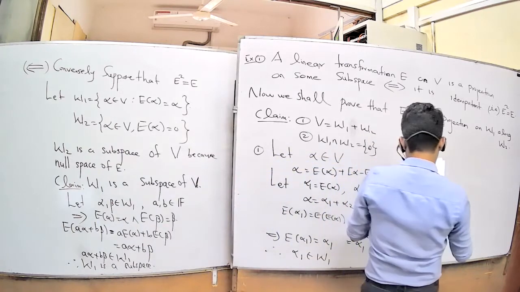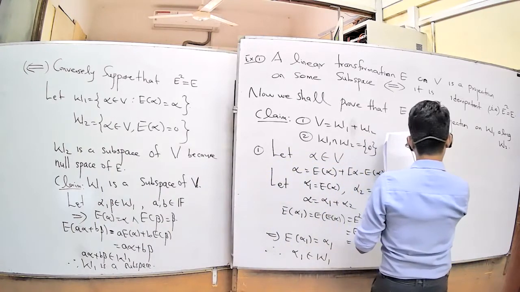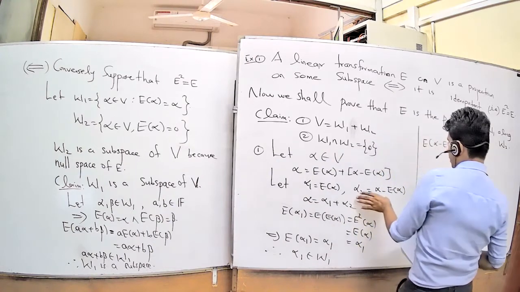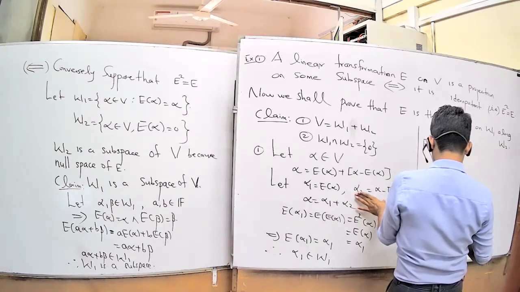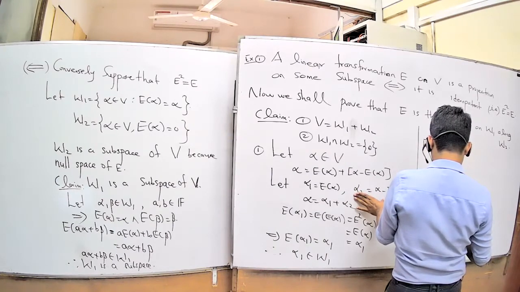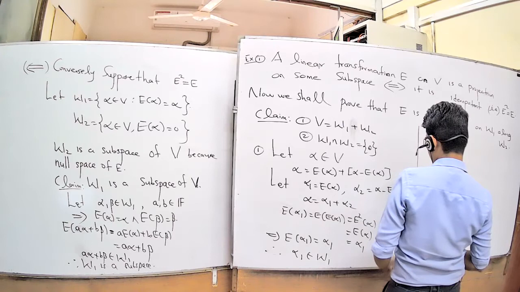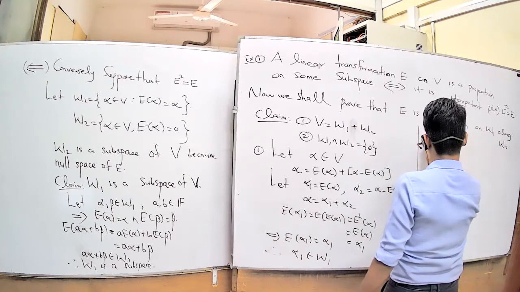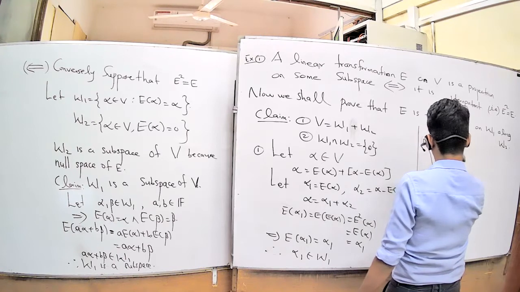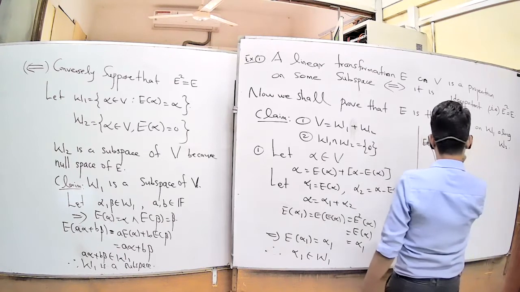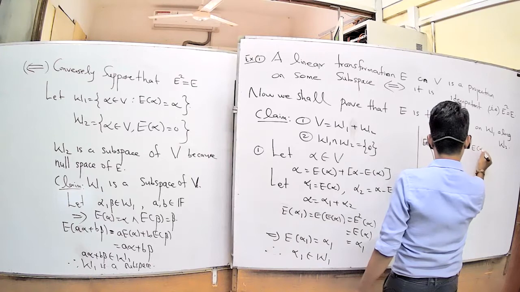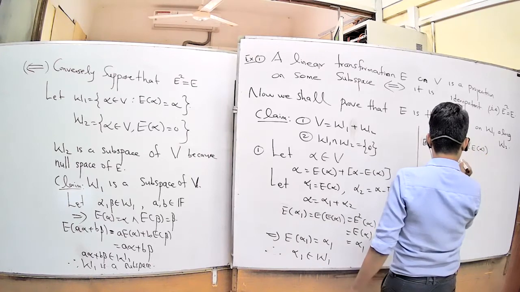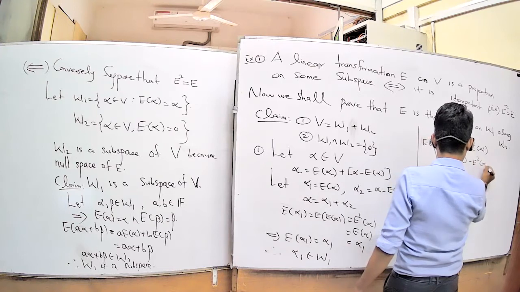Next, consider E of alpha 2, which is E of alpha minus E alpha. Since E is a linear transformation, we can write E alpha minus E squared alpha.